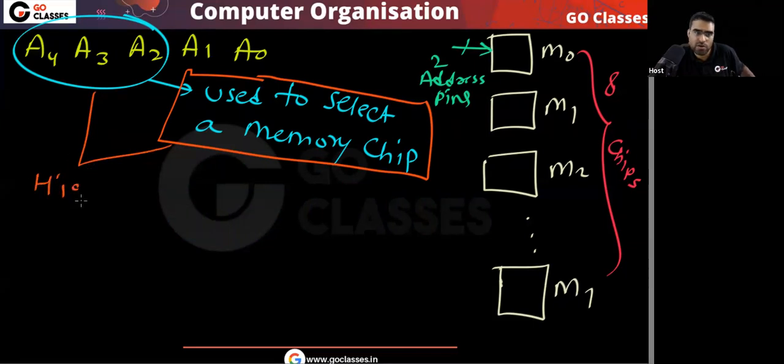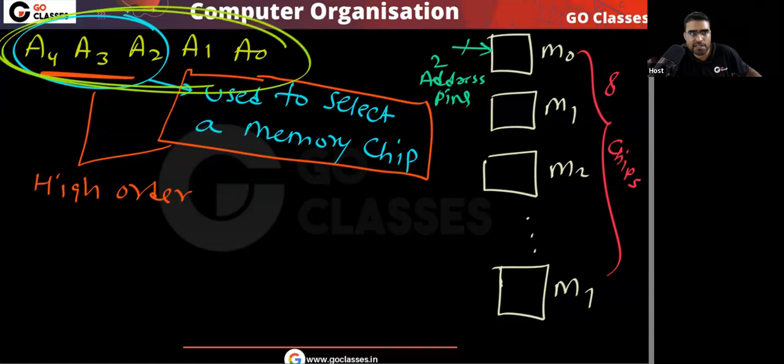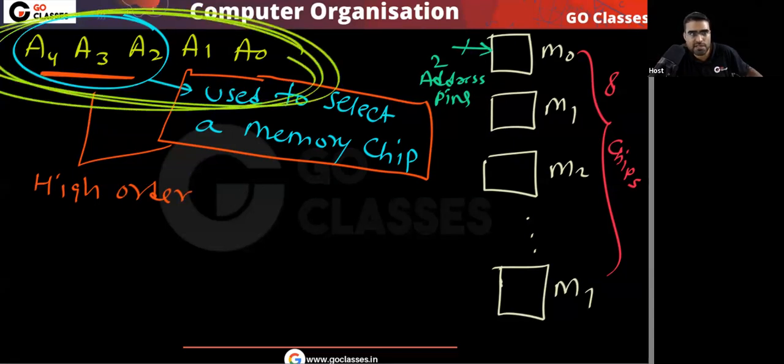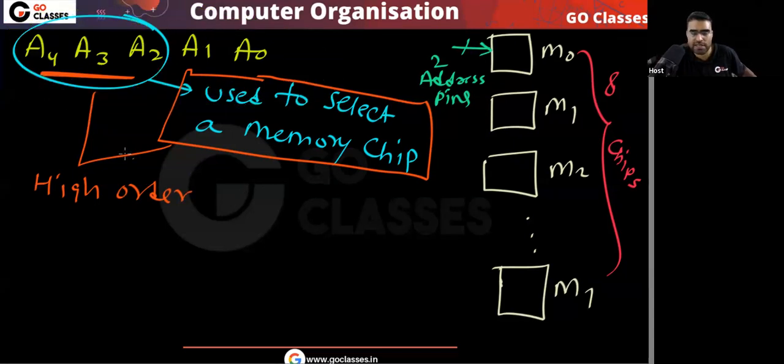It is called high order because you are using the high order bits of the address to select a chip.